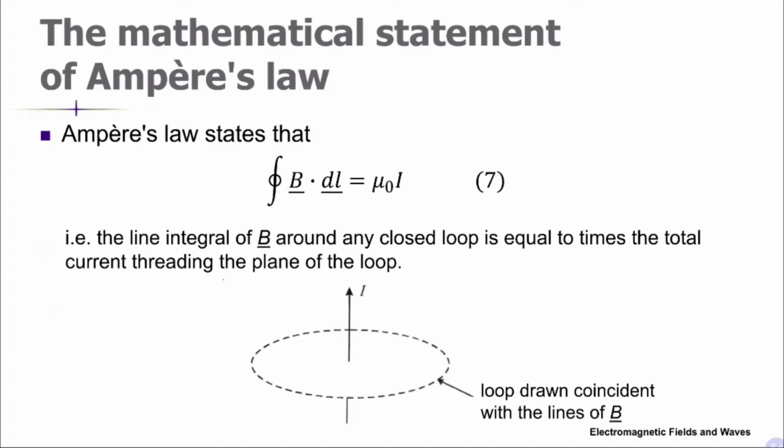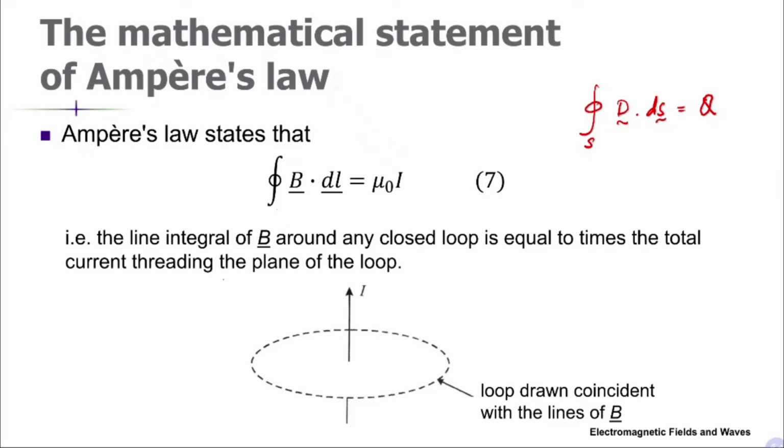So what is Ampere's law? Ampere's law states that the closed loop integral of the magnetic flux density B dot dl equals mu naught I, just as our Gauss' law equals the charge enclosed. Gauss' law is a closed surface integral, which means a bubble, a closed surface.